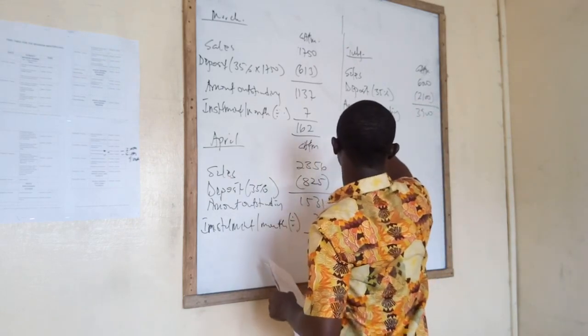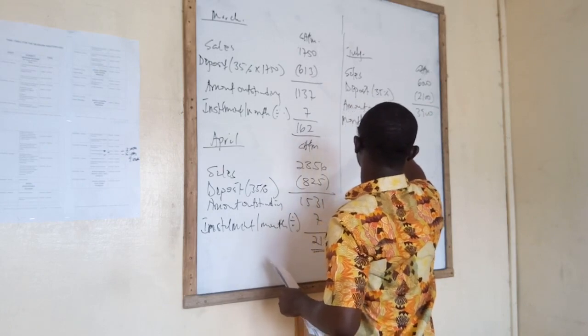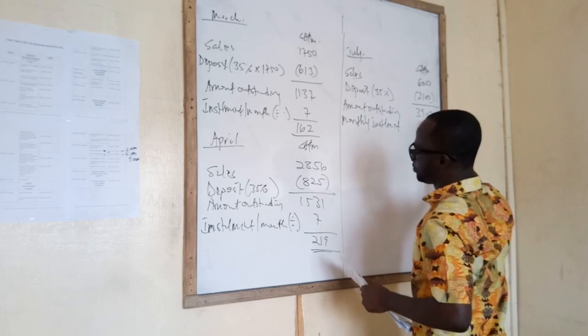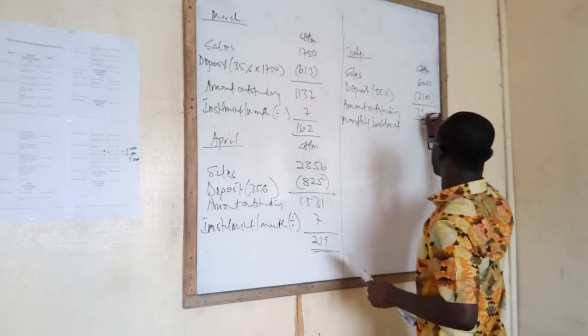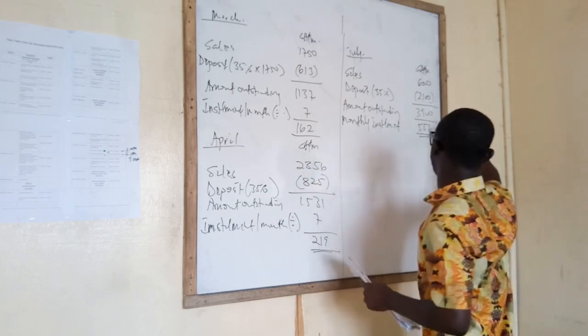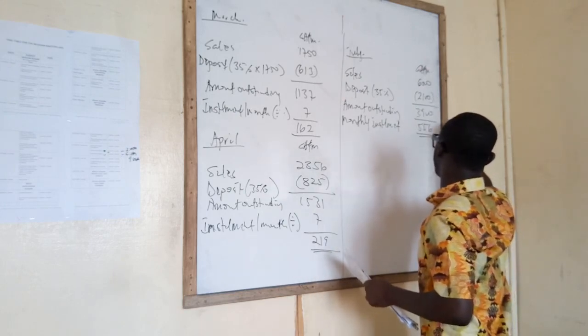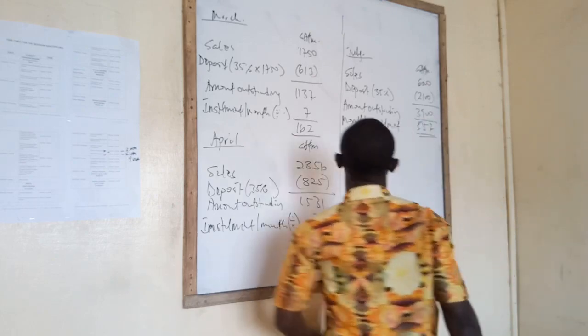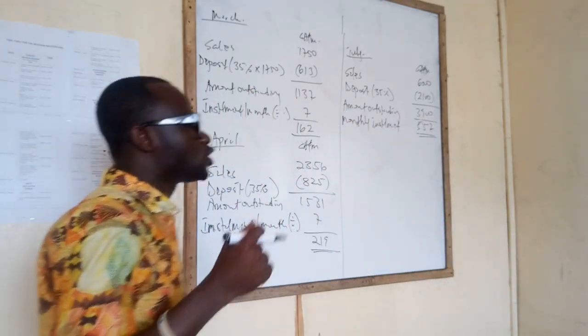Monthly installments, divided by 7. 557. Approximately. So every month they are supposed to pay 557.